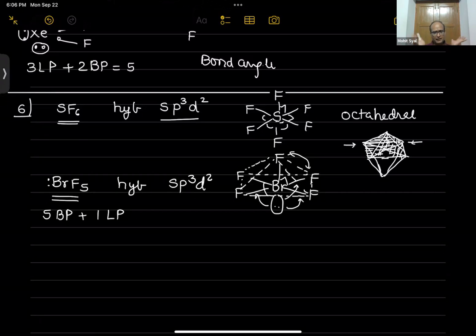A lone pair is pressing these four bonds slightly upward, because a lone pair occupies more space. So this bond angle is somewhere less than 90, around 89 degrees. So this shape is known as distorted square pyramid.